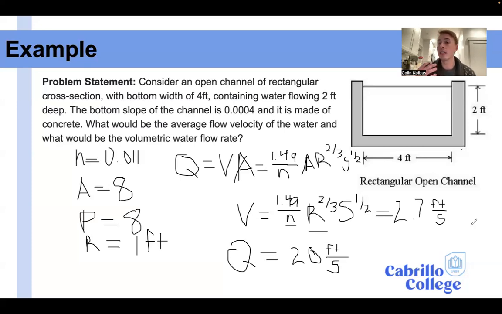If I increase the hydraulic radius, if I increase the area, that is going to increase the velocity of my river. So I really want you to think about these variables and ultimately what they're doing to the stream flow. And that concludes the video. Thank you and take care.